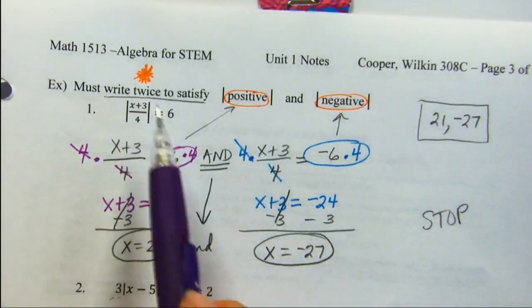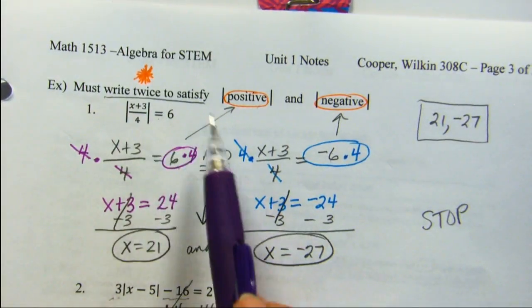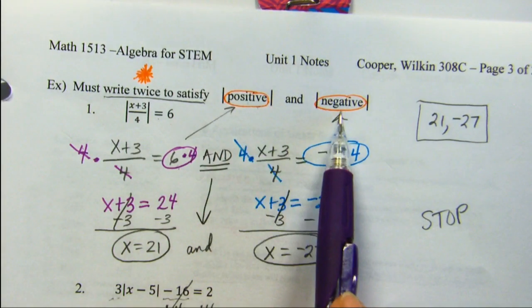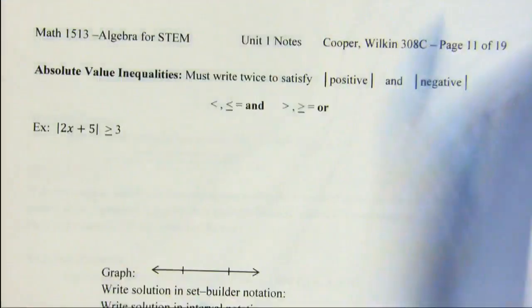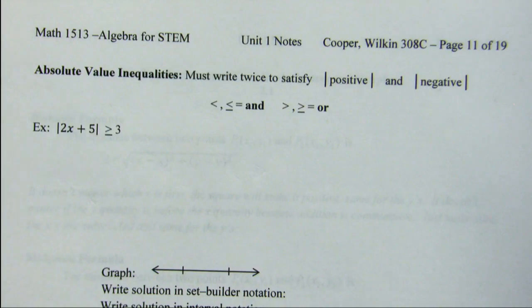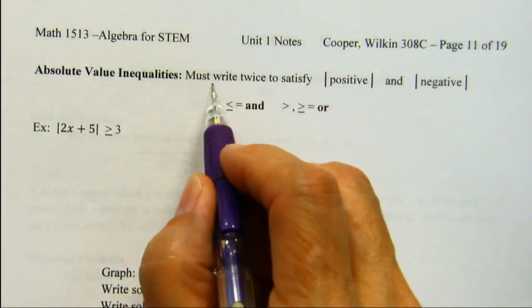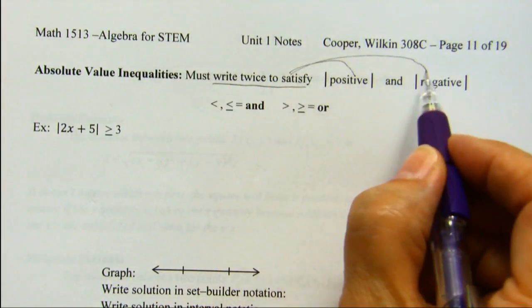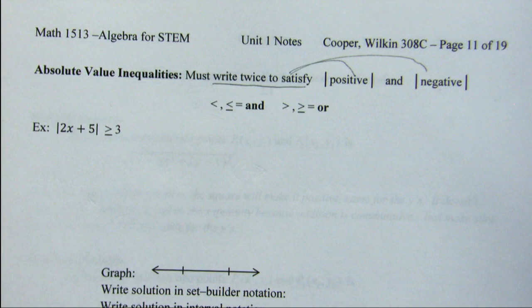We had an equal sign, but remember we had to write them twice, one for positive and one for negative. So we're going to have to do the same thing again on our inequalities. We're going to have to write them twice to satisfy the positive and the negative.